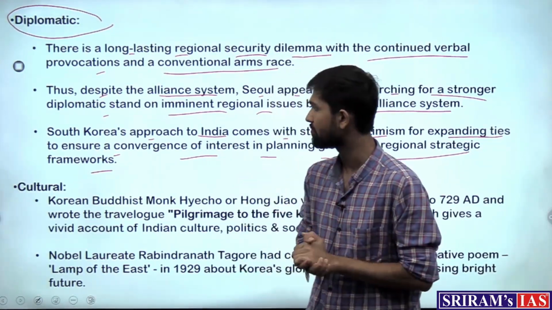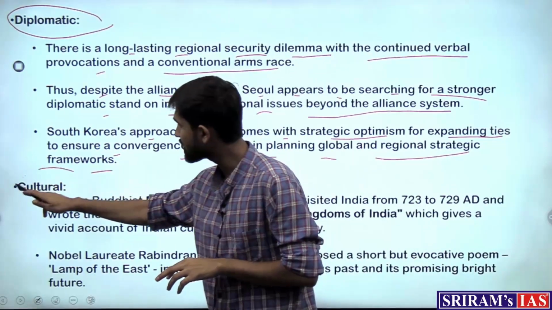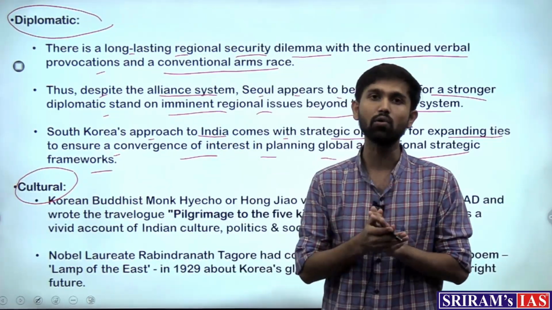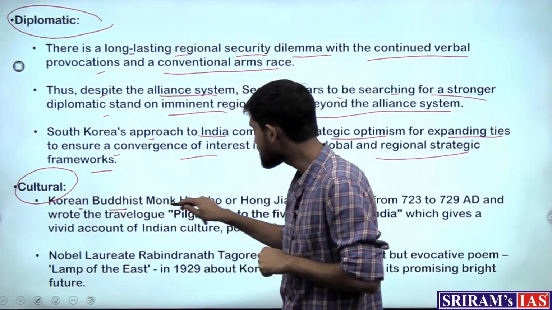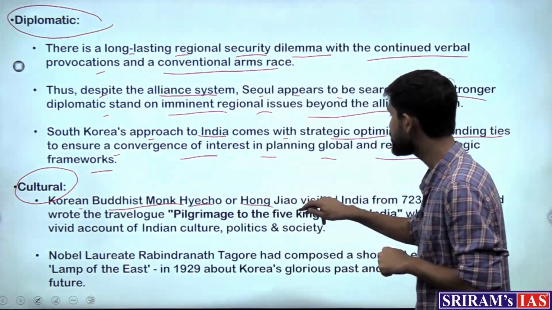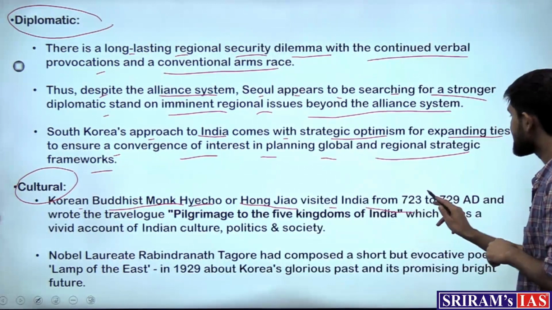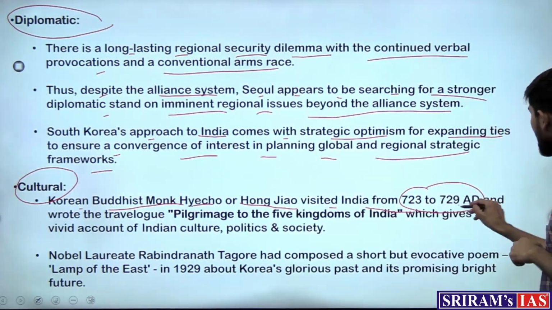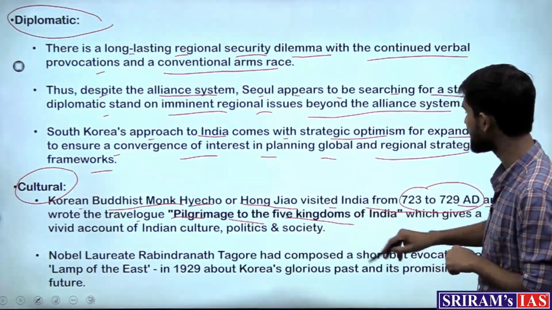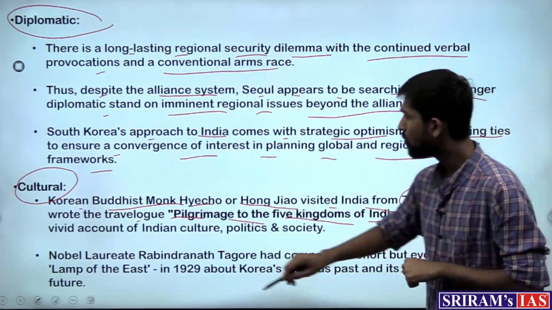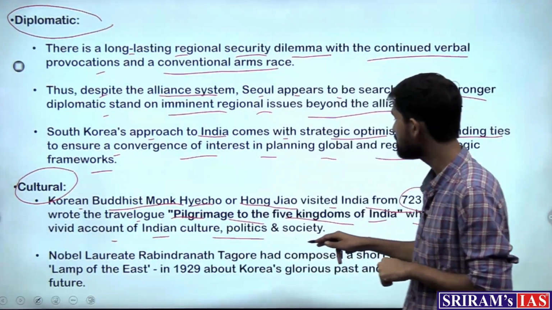And lastly, the cultural front, where India and South Korea share a lot of cultural ties as well, wherein the Korean Buddhist monk Hyecho, or Hong Jiao, visited India from 723 to 729 AD and wrote the travelogue Pilgrimage to the Five Kingdoms of India, which gives a vivid account of Indian culture, politics and society.